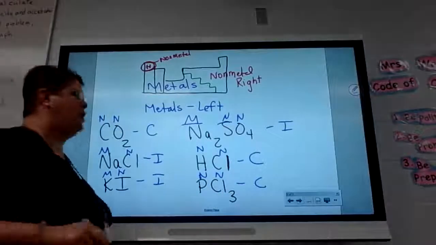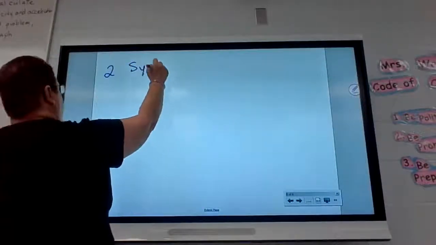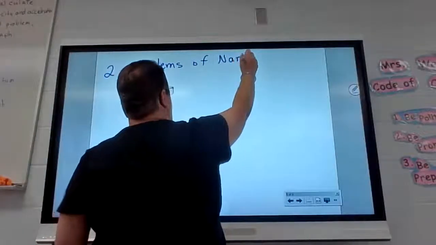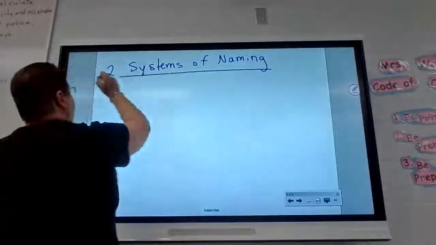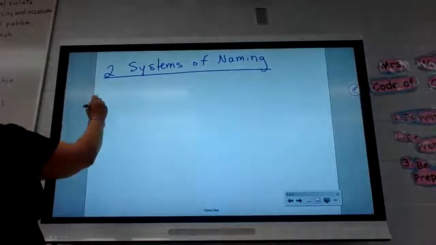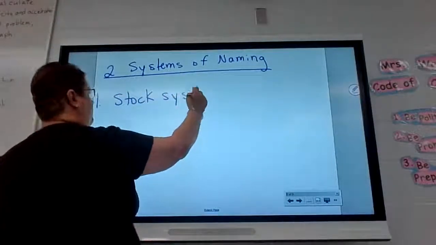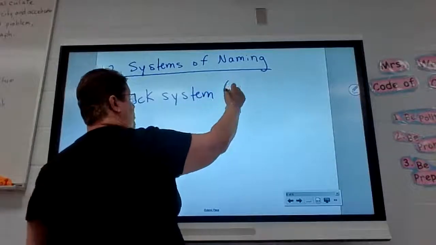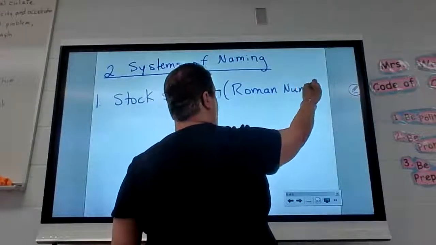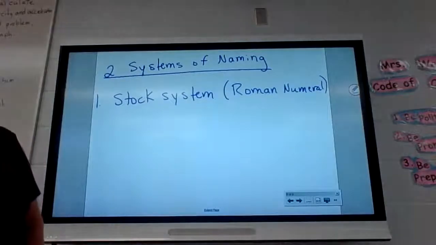All right, the reason we talked about this is because there are two systems of naming that we're going to learn. It would be fabulous if we only had to learn one, but we have to learn two, okay? We have to learn what's called the stock system, which is the one I refer to as the Roman numeral system. It's the predominant system that we use today.